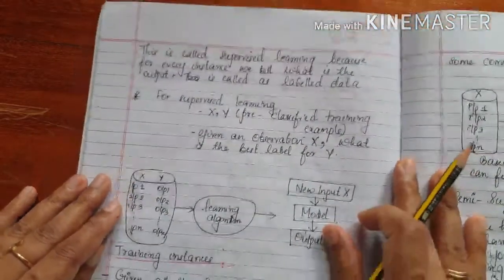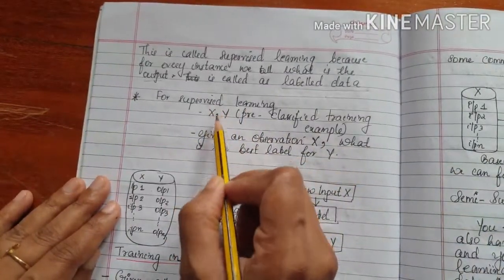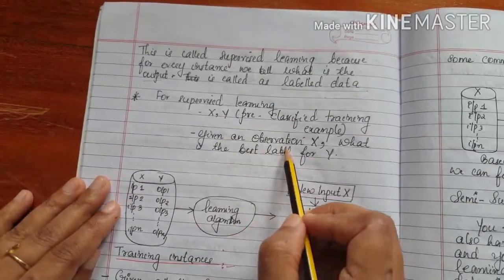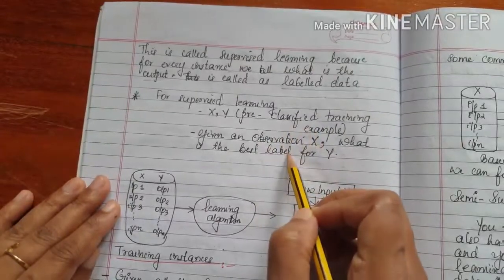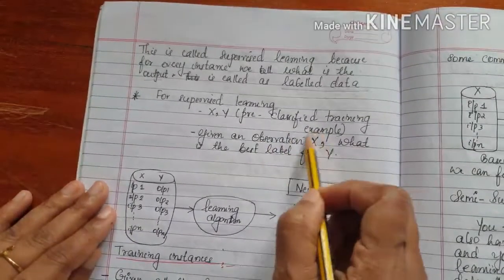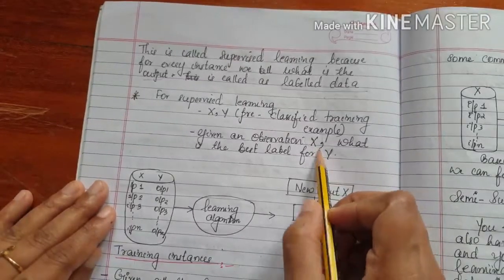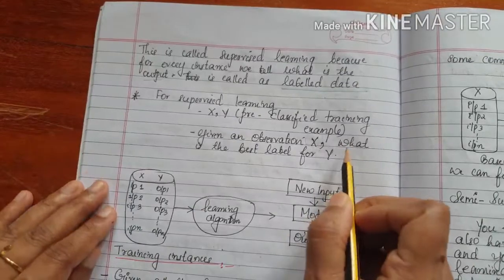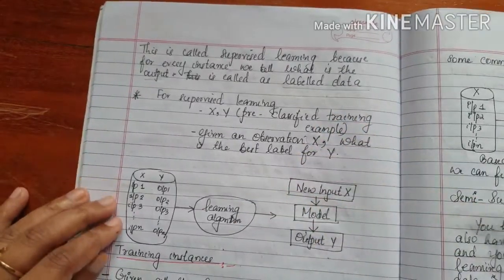So for supervised learning, we have to provide X, that means inputs, and its corresponding Y. After training, we generate a model. Once we generate a model, we give a new observation, capital X, and it will predict a capital Y, which is the best according to our trained model.